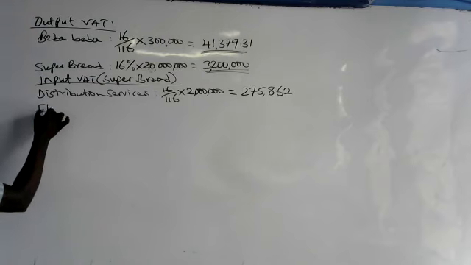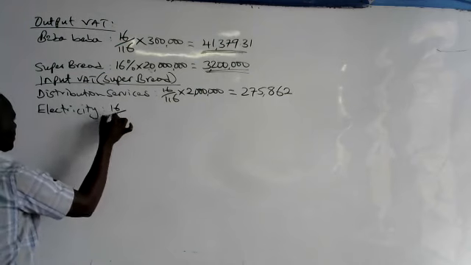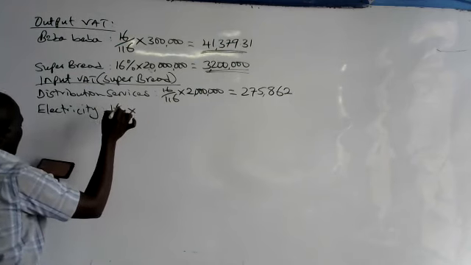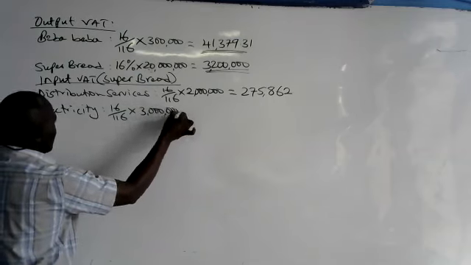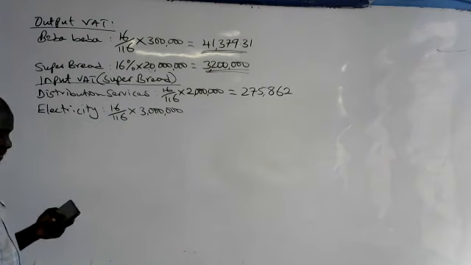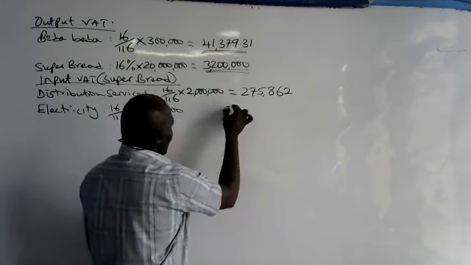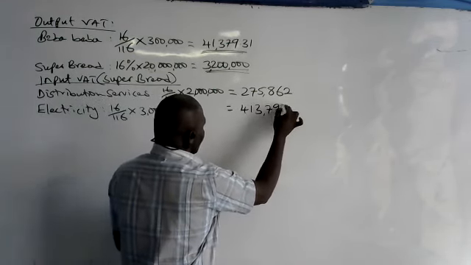Is it also inclusive or exclusive? It's inclusive. Billed how much? 3 million. 16 over 116 times 3 million.